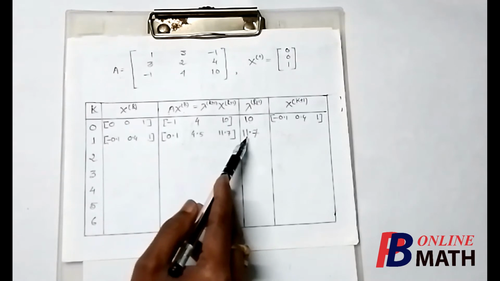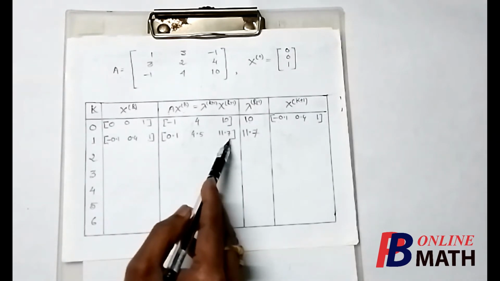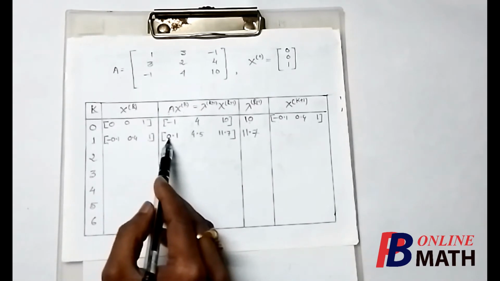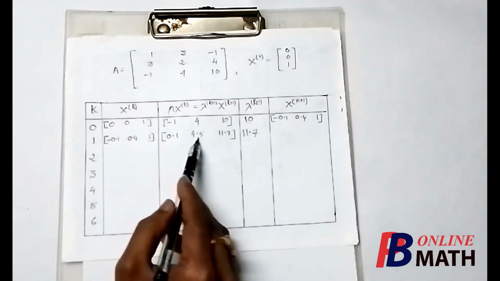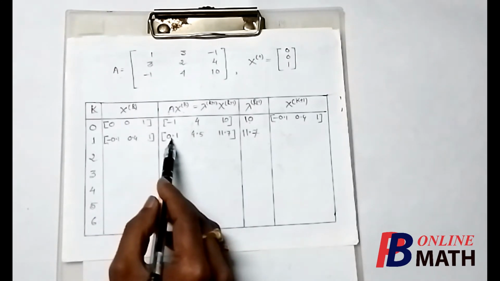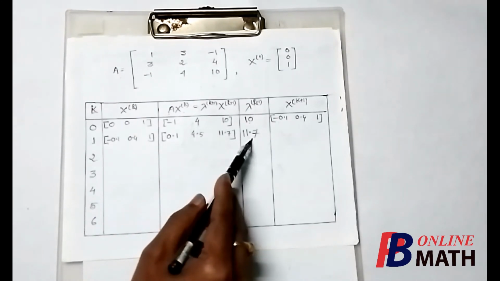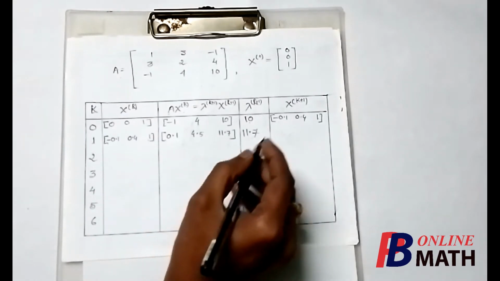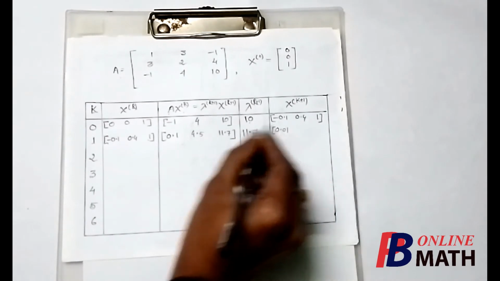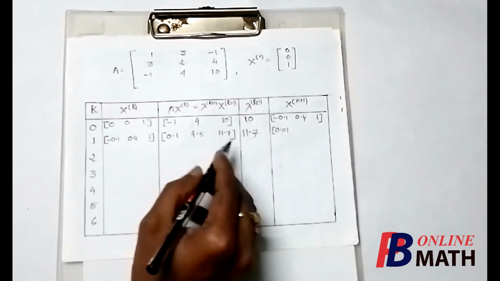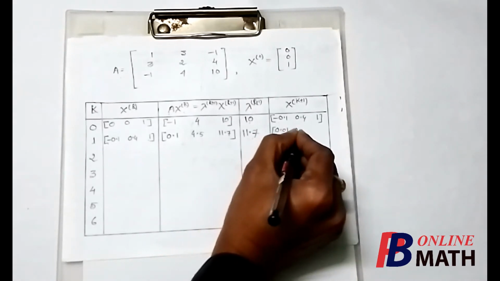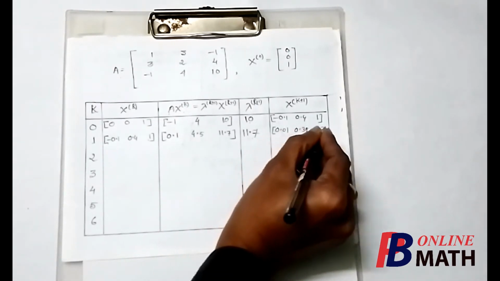So if 11.7 is the eigenvalue, then the corresponding eigenvector can be found if we divide all the elements of this vector by 11.7. So if we divide 0.1 by 11.7, then we get 0.01. If we divide 4.5 by 11.7, then we get 0.38, and this is obviously 1.